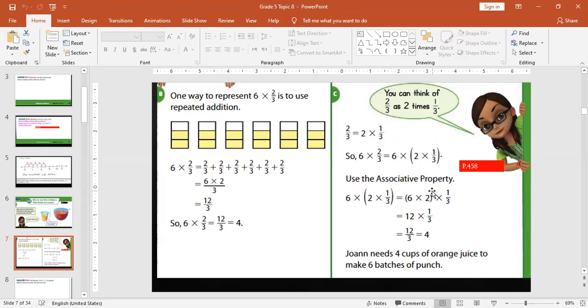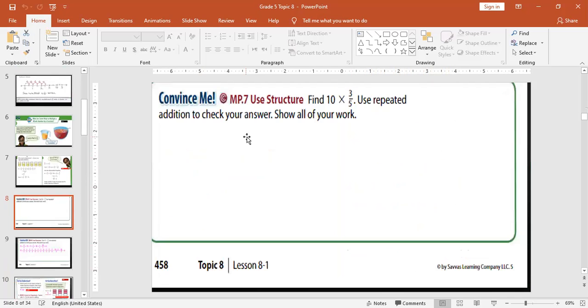What is associative property? I simplify 2/3 into 2 multiply a third. Then I change the numbers in the brackets. So instead of 2 multiply a third, I will put 6 multiply 2, then the whole multiplied by a third. So the answer is 4 also.